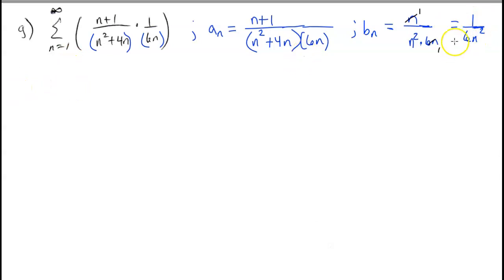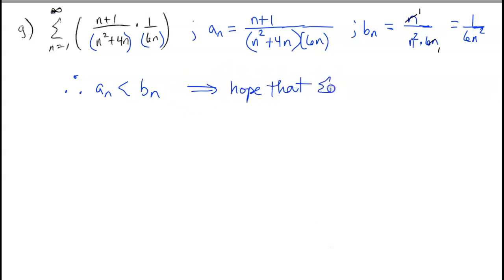Now, if I look here, since I have more stuff in the denominator for the a sub n than the b sub n here, I know that the b sub n is going to be larger. Because a bigger denominator is essentially going to mean a smaller number, whereas a smaller denominator is essentially going to mean a larger number in this case. So therefore, I know that my a sub n here is going to be smaller than my b sub n.